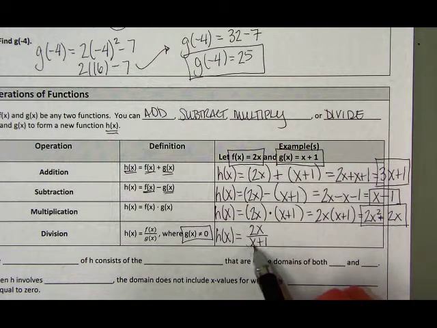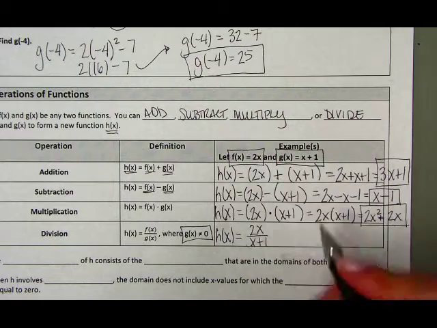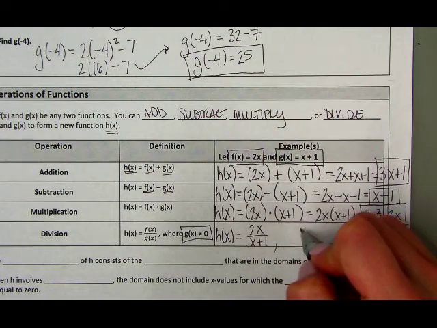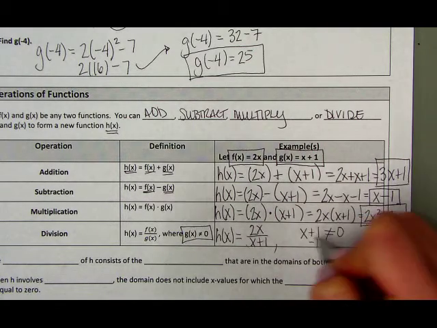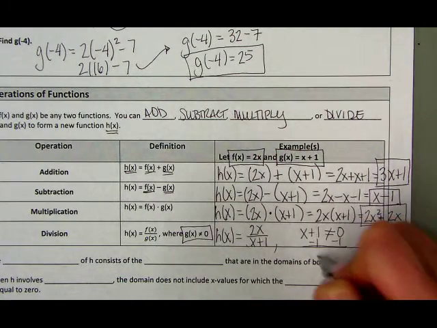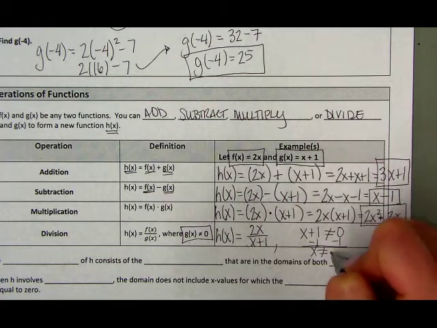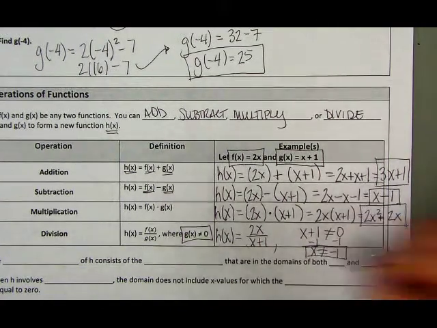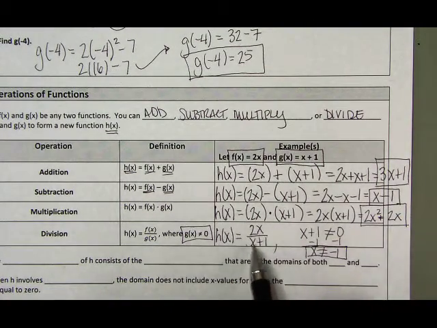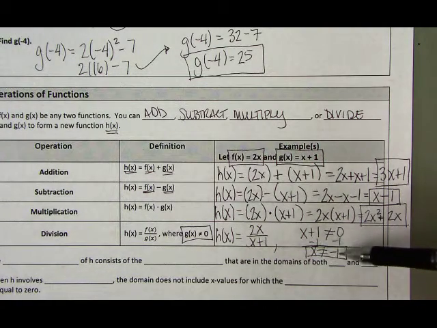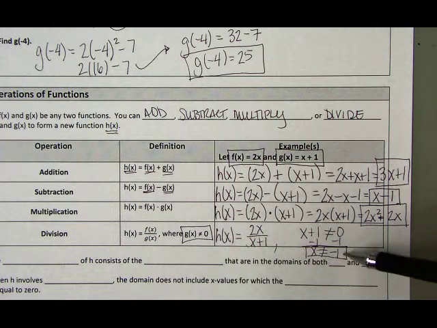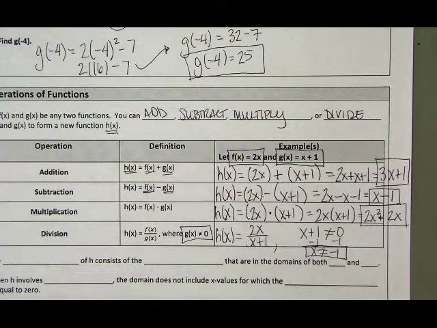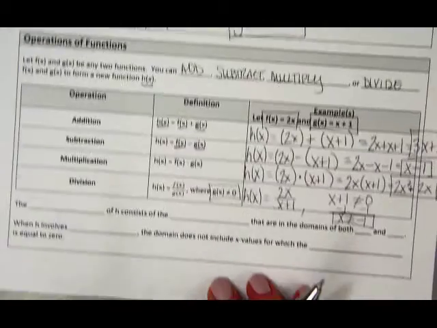Well, if I plug in 0, 0 plus 1 is 1, so that doesn't work. So if I go off to the right-hand side, if I take x plus 1 and say it cannot equal 0, and solve it the same way I would if it was equal to 0, I know that x is not going to be able to equal negative 1. So 2x over x plus 1, where x cannot equal negative 1, because if x was equal to negative 1, I would have 0 in my denominator, and that would be undefined. So this is the only value for x that I can't use in my domain.